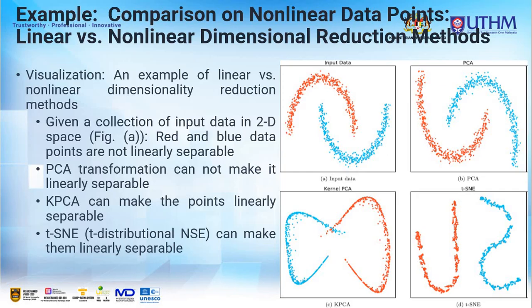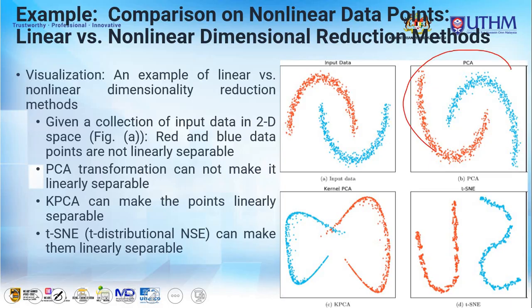So the PCA transformation result: PCA fails to make the points linearly separable, where the model projects the data onto orthogonal axes. Since the original data is non-linearly separable, PCA cannot transform it. That's why we again receive the same result. I hope you can check here.